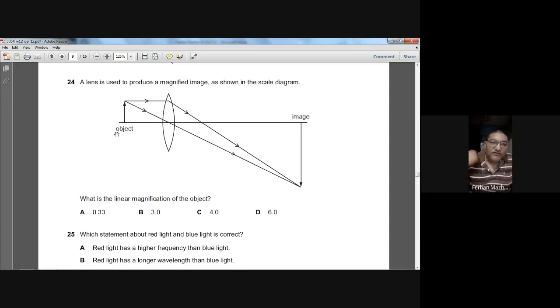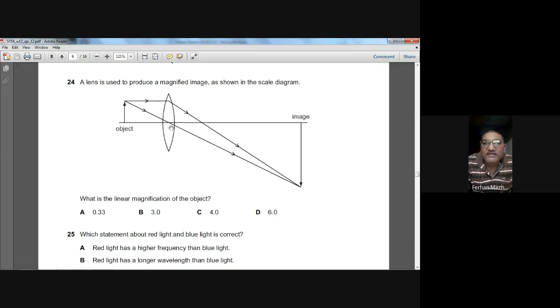Another way of getting the linear magnification is, we have a formula. Linear magnification is the distance of the image from the optical center of the lens divided by the distance of the object from the optical center of the lens. So take the scale and from the optical center measure the distance of the object and the distance of the image.